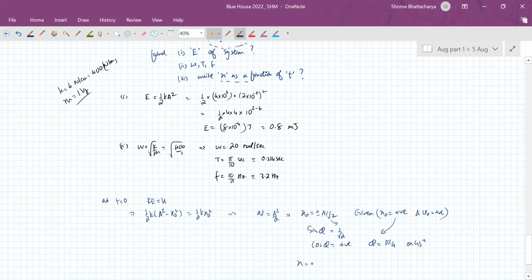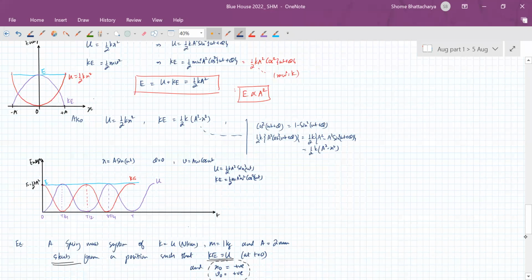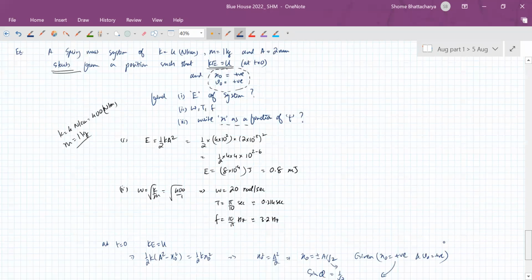The equation of SHM will become: amplitude was given to us, omega we calculated, and now most importantly, phase constant is pi by 4. Yes, sir. How much was it? 2 millimeters.